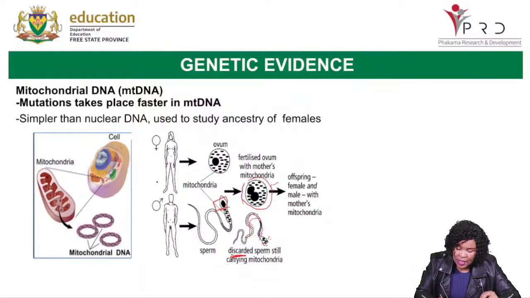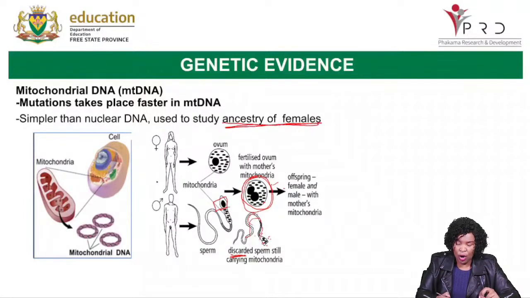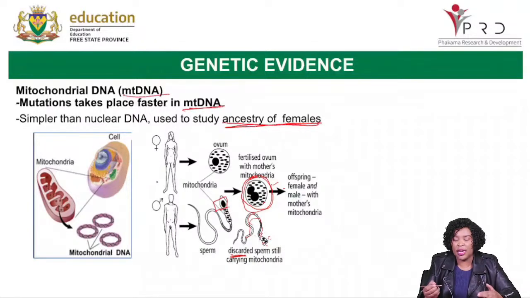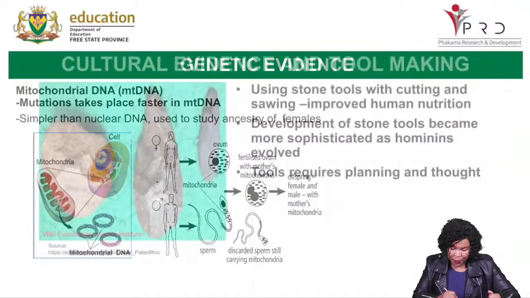Then the mitochondria that is left in the ovum is that of the female. So this can be used to trace female ancestry and provide us with genetic evidence. Remember, you can find DNA in mitochondria also. So that DNA can tell us how organisms are related.